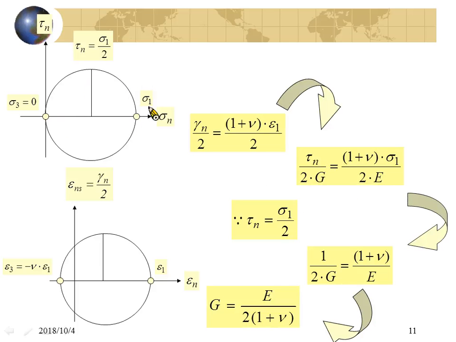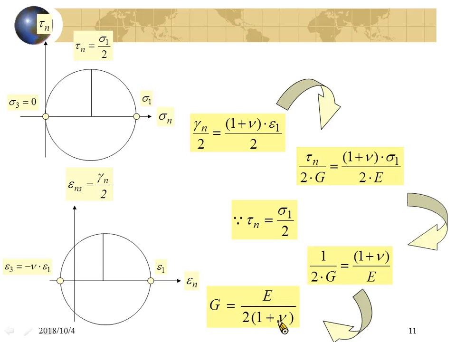And from the Mohr circle for stress, you can understand the shear stress will equal sigma 1 divided by 2, because sigma 1 will be the diameter of the Mohr circle and the shear stress will be the radius of the Mohr circle. So the shear stress will equal sigma 1 divided by 2. If you insert the shear stress into this equation, then you can delete sigma 1 from both sides. Then you will have an equation like this, and you derive the relation between shear modulus and Young's modulus and the Poisson ratio.